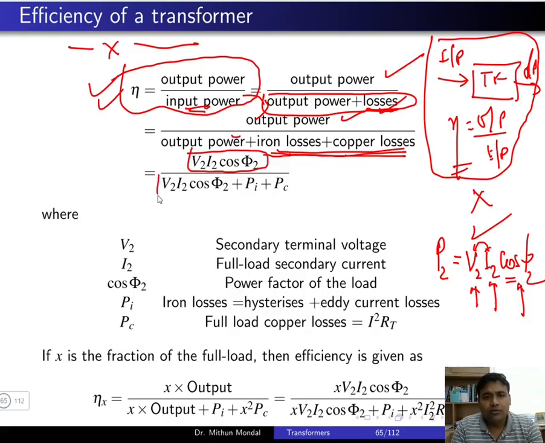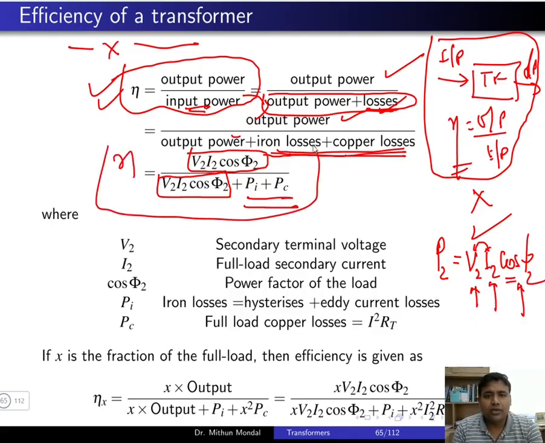It will be V2I2 cos theta 2 in the denominator as well, and you will have a sum of iron loss plus copper loss in the circuit. So the equation of the efficiency is V2I2 cos theta 2 divided by V2I2 cos theta 2 plus the total loss, that is the iron loss and the copper loss.